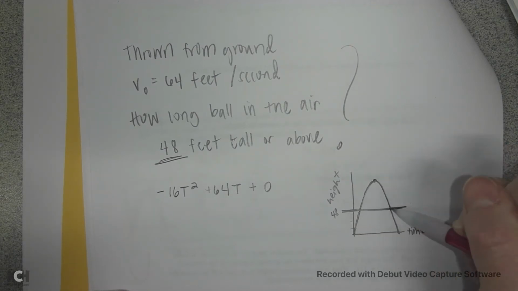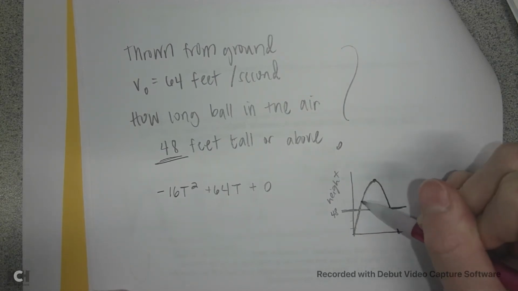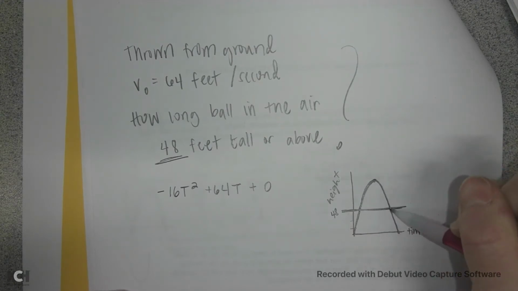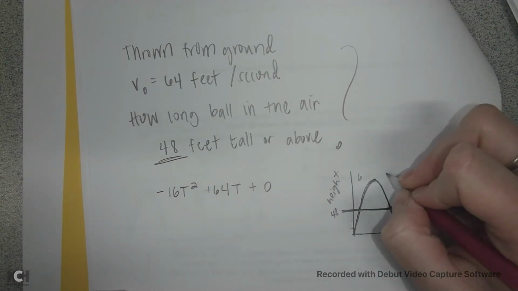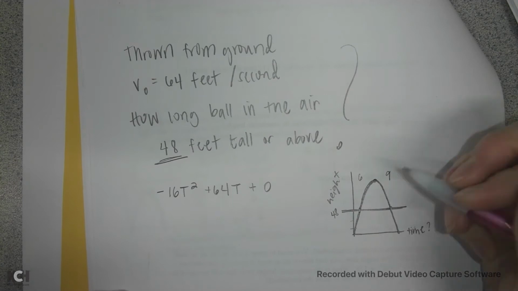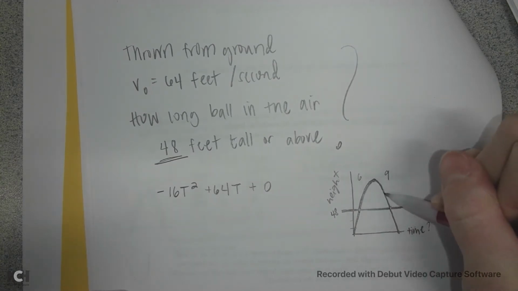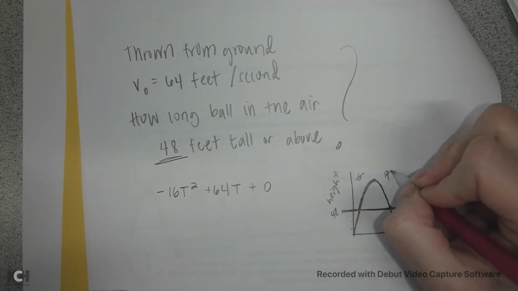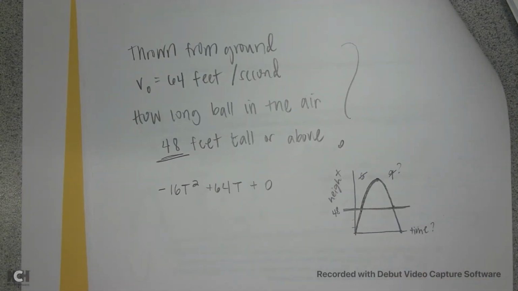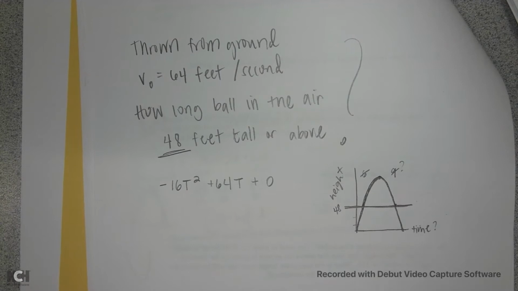So I'm going to have two positive answers. This is how long my ball will be in the air, from this time to this time. Let's say this was 6 seconds and this was 9 seconds. From 6 to 9 seconds, that would be 3 seconds that my ball was in the air. We're not sure if this is the time, but that's just how we would determine it.